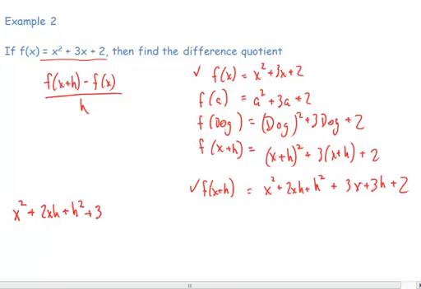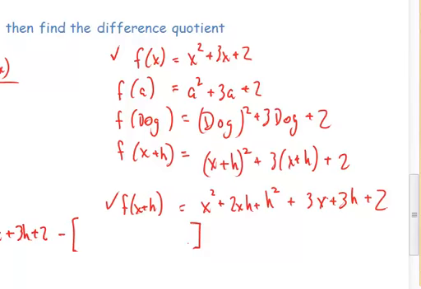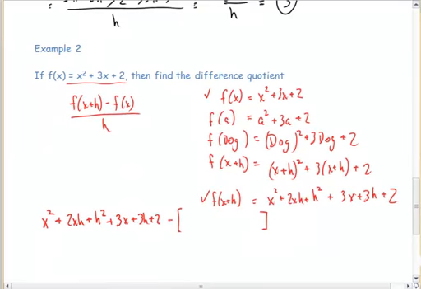I'm just writing in what f of x plus h simplified to be, and I'm going to subtract from it and I'll put that in blue, x squared plus 3x plus 2, and that's all to be divided by h.